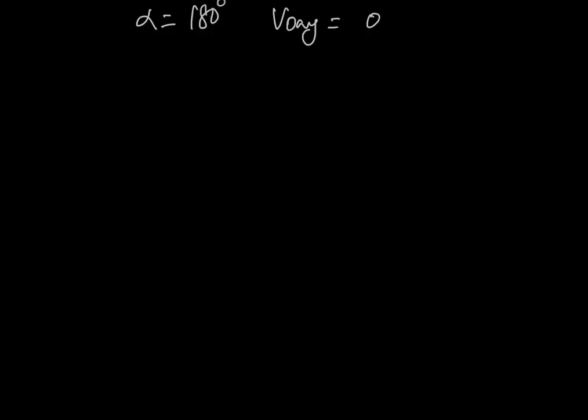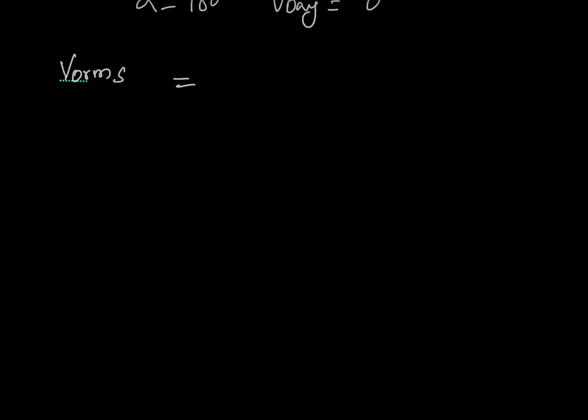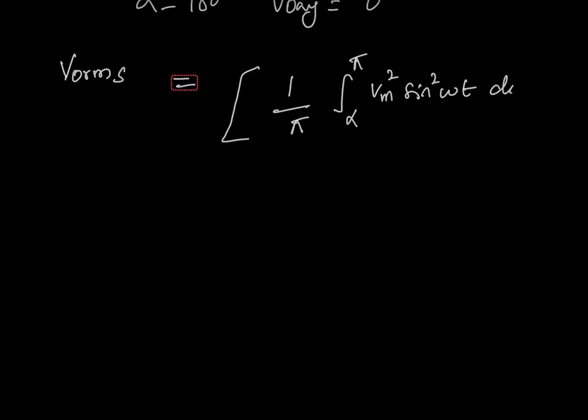So now we can derive the V0 RMS. V0 RMS will be square root of 1 by pi. Actually 2 by 2 pi, the 2 gets cancelled out. So 1 by pi integration from alpha to pi of V0 square, that is Vm square sin square omega t d omega t, whole to the power 1 by 2.